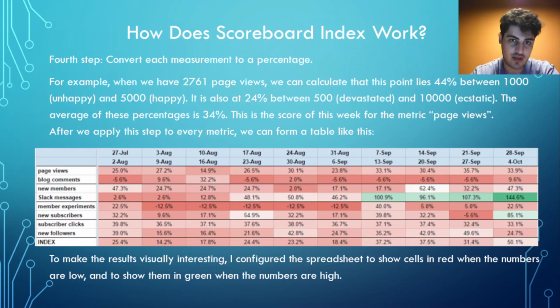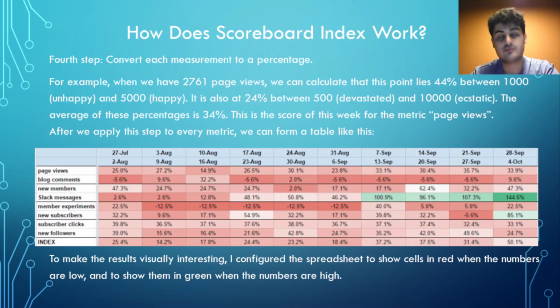So we have to calculate its percentage like this. It lies 44% between 1,000 and 5,000, which were our lower and upper bounds, unhappy and happy. And it is also at 24% between 500 and 10,000, which are our lower and upper bounds, devastated and ecstatic.